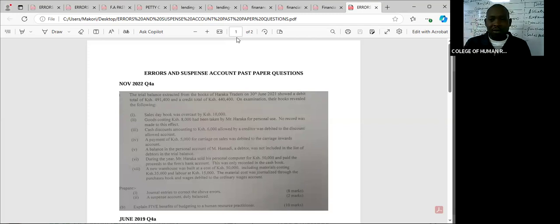So in this statement number 4, it is a payment for carriage on sales. That is carriage outwards. We shall debit the carriage outwards. Then this carriage inwards, which was debited, we shall reverse that entry by crediting the carriage inwards. You see now in this error, we have an account that we have debited, we have an account that we have credited, we don't need the suspense. So we shall debit the correct account and reverse on the wrong account. The amount is 5,000.